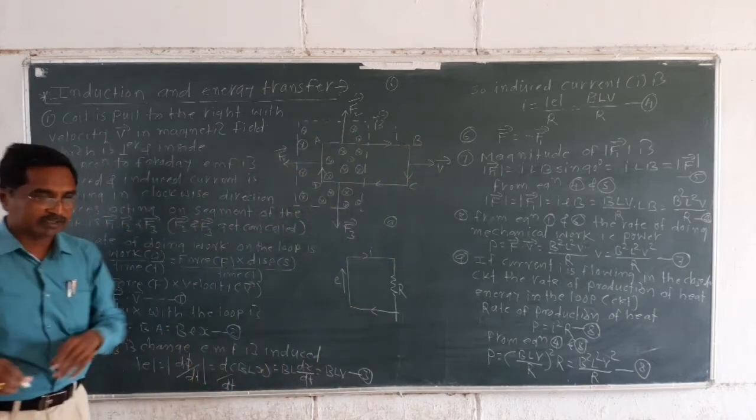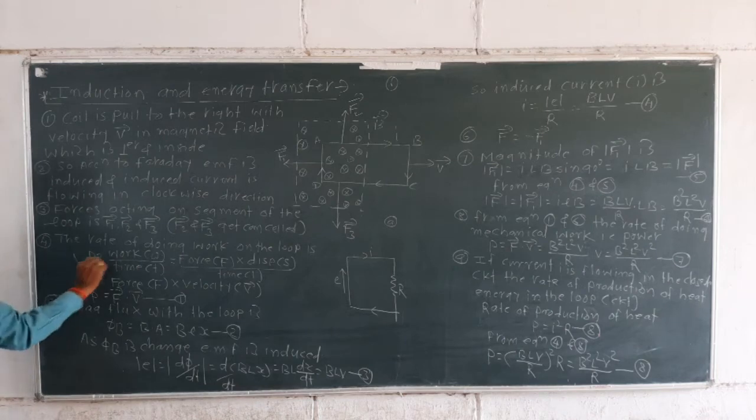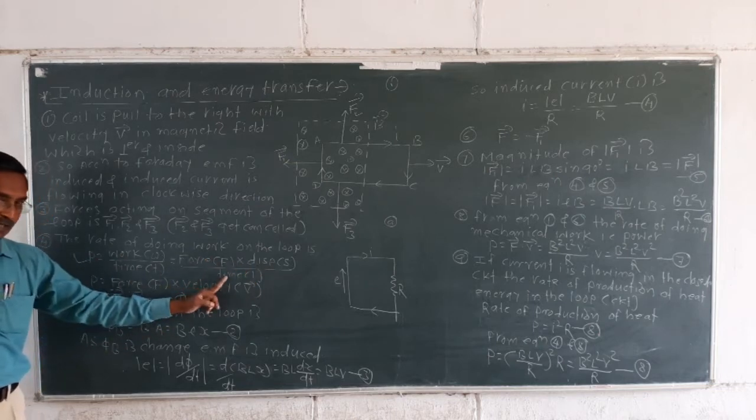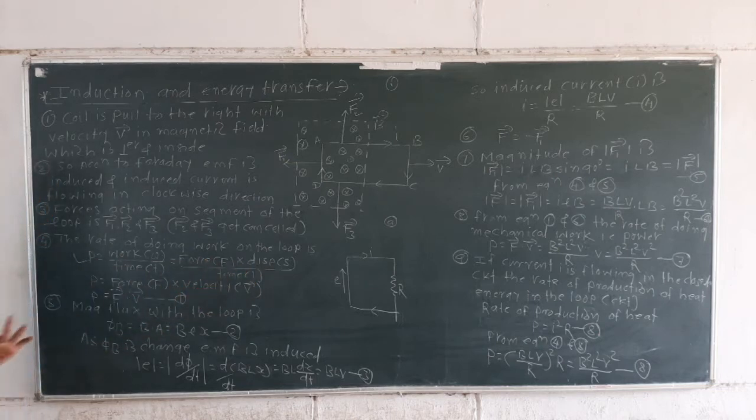So the rate of work done, that is P, is equal to work upon time. The rate of work done is nothing but the power. So P is equal to work upon time, that is equal to force into displacement upon time.